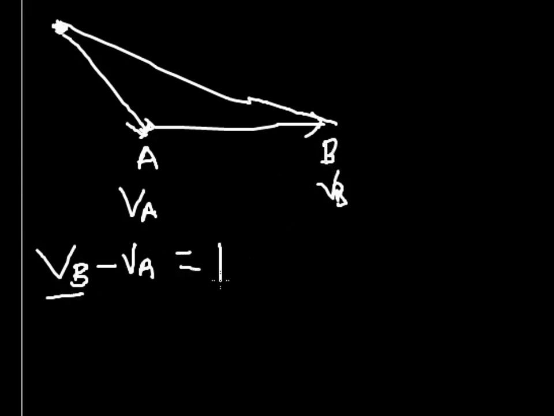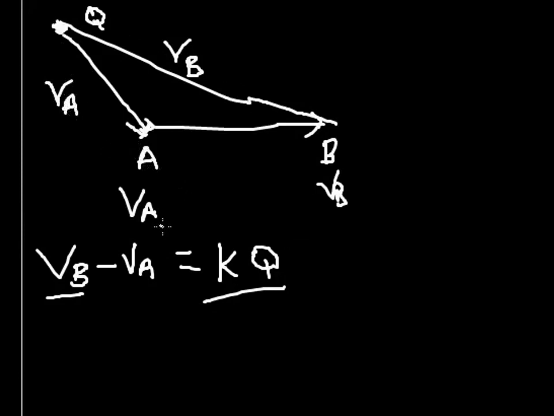Of course you know VB by our formula, and we are considering just a charge, the charge Q. So that's going to be K, Q, then the distance. Let's say the distance of Q to B is RB, and the distance of Q to A is RA.